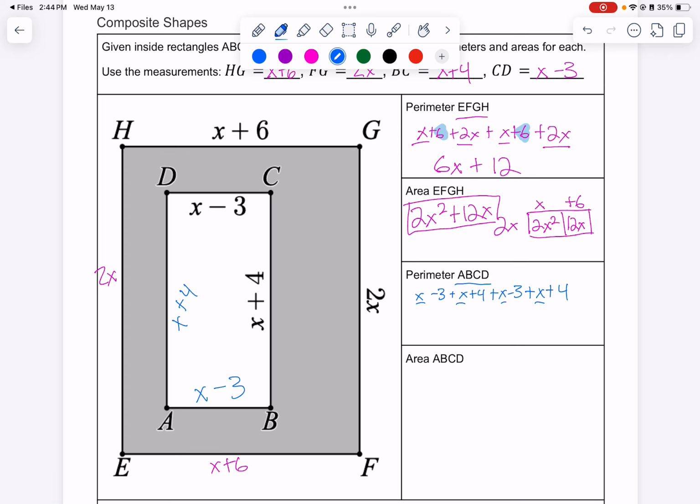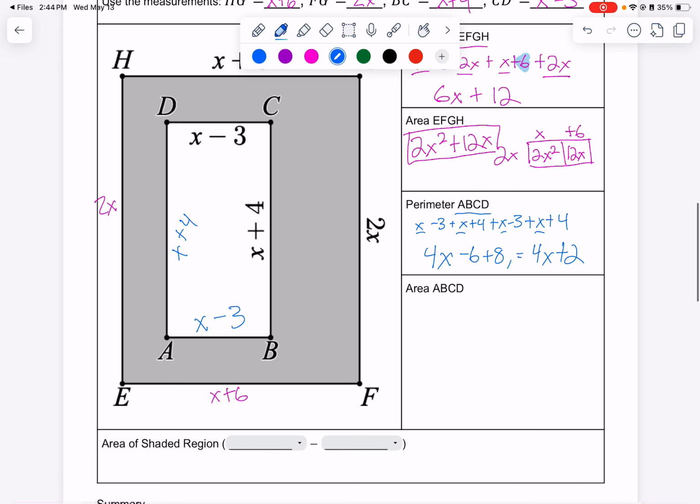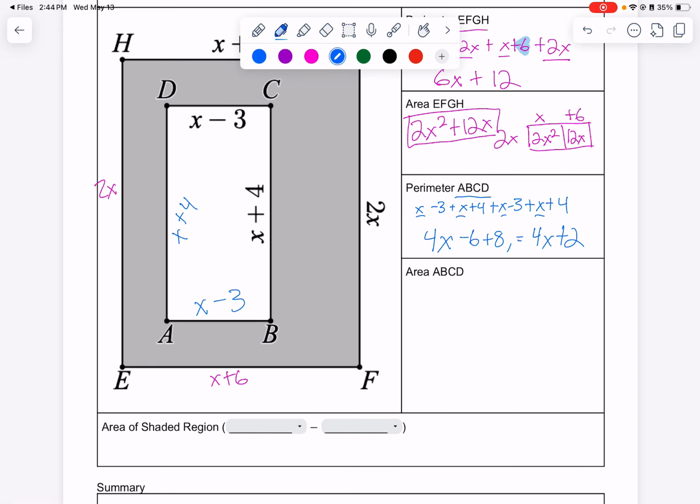All these x's become 4x. Minus 3 and 4, minus 3 and 4 is like minus 6 and plus 8. But the simplest version of that would be 4x plus 2.